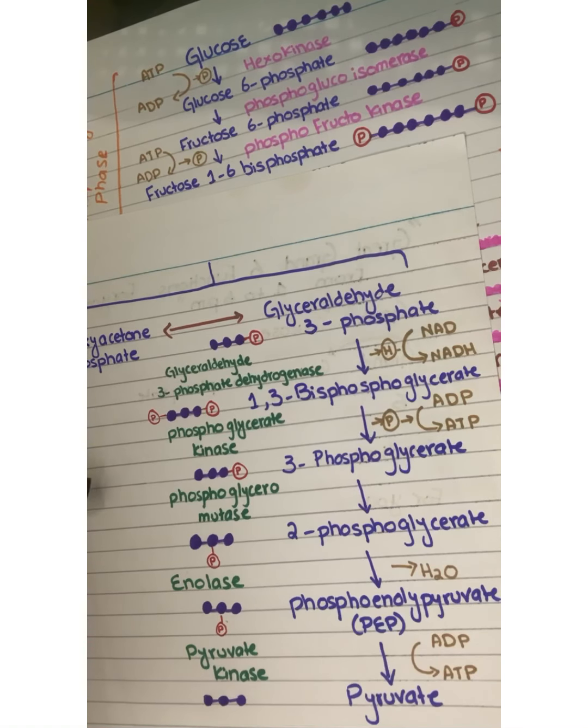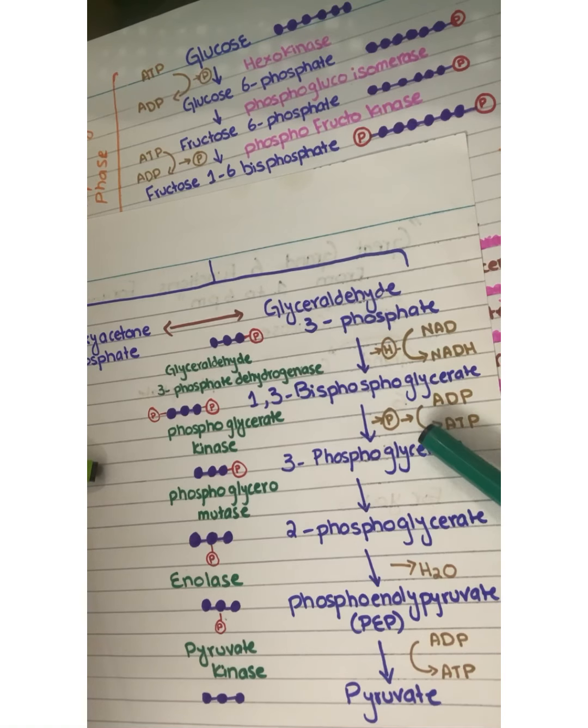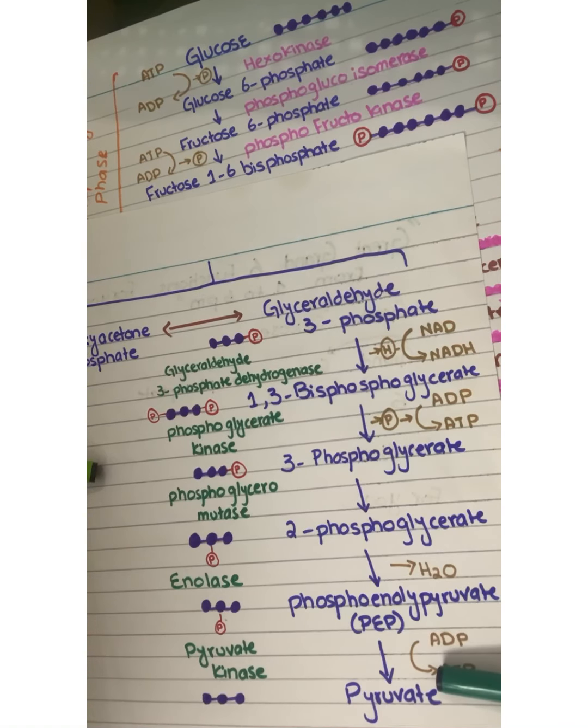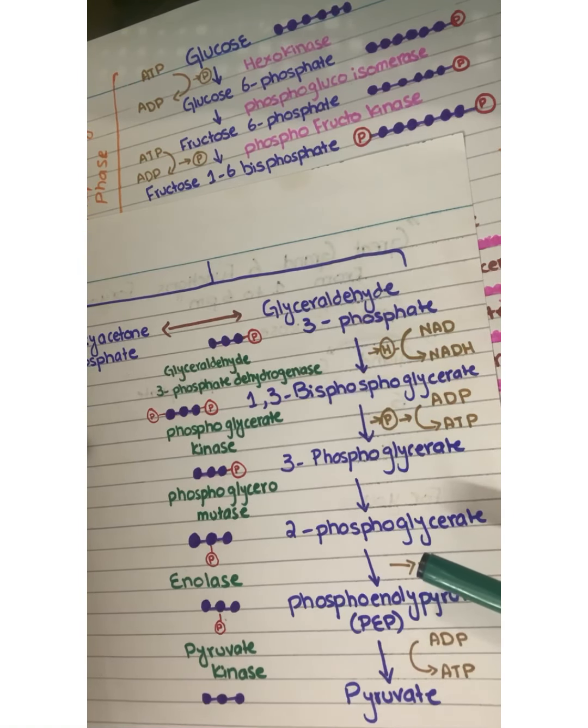But in the oxidative phase, 2 ATP molecules are produced in this step and 2 ATP molecules are produced in the last step. So, 4 ATP molecules are produced. So, in the whole process of glycolysis, 4 ATP molecules are produced and 2 ATP molecules are utilized. So, we subtract 2 from 4 and hence the net gain of energy is 2 ATP molecules.